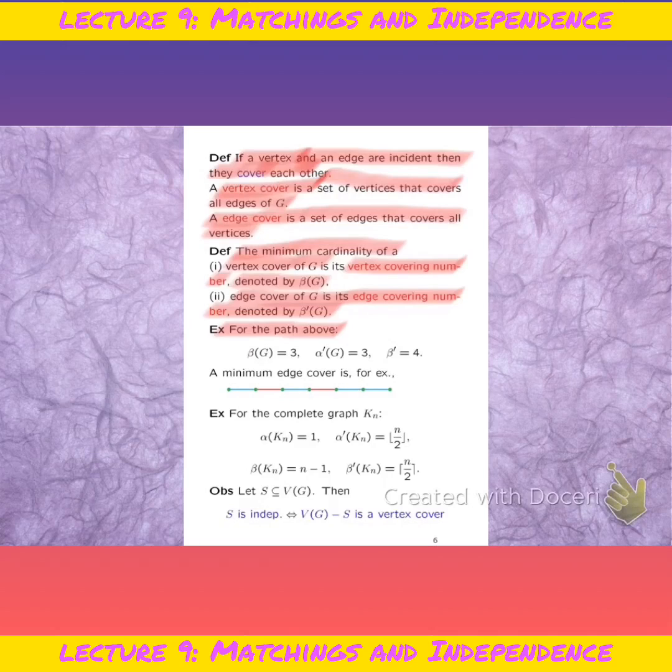And then looking at beta prime, which is the edge covering number. I need the smallest number of edges that I can have to cover all the vertices.